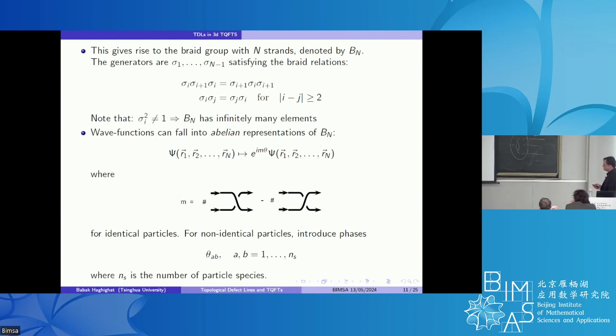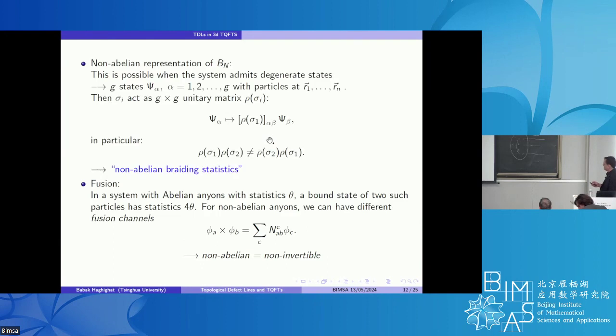Now, the interesting thing is that this is just the beginning of the story. You can actually have something much more interesting, namely, non-abelian representations. That's only possible if your Hilbert space is degenerate. So you have many of these wave functions.